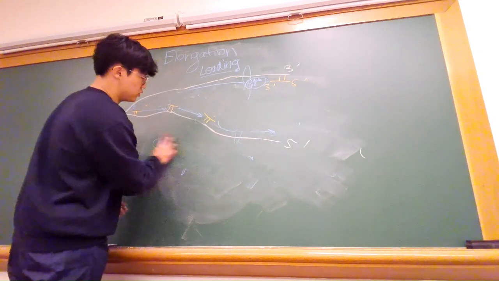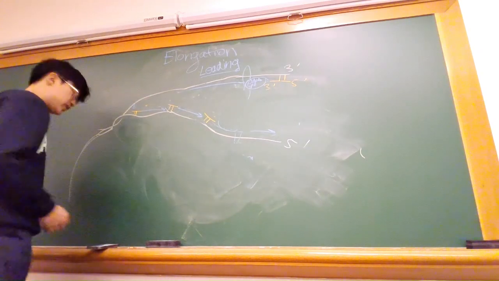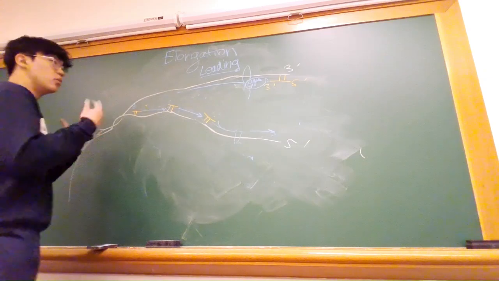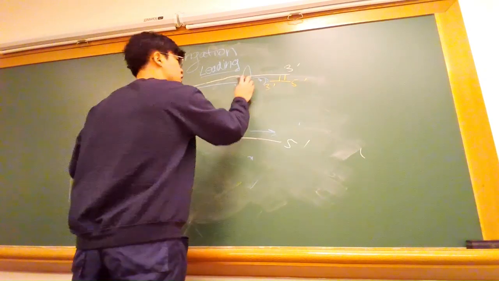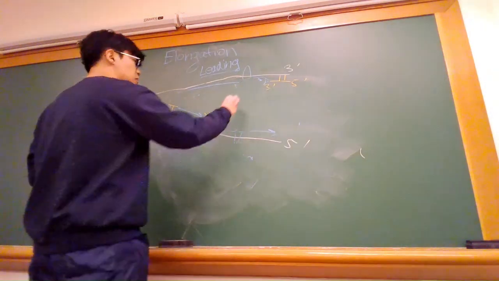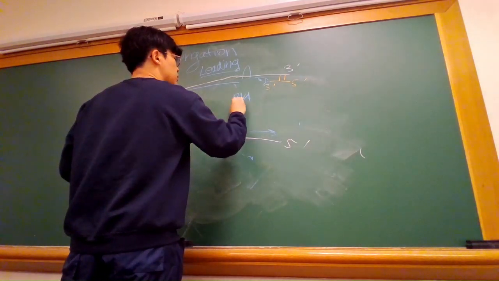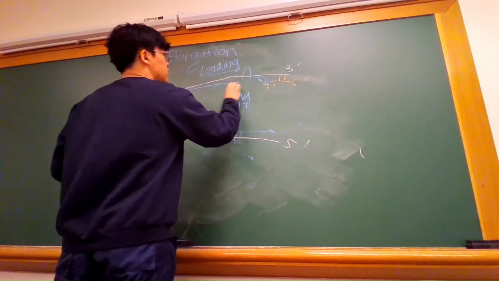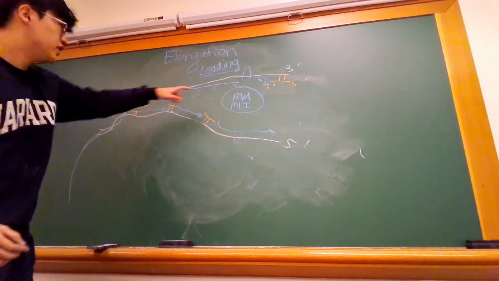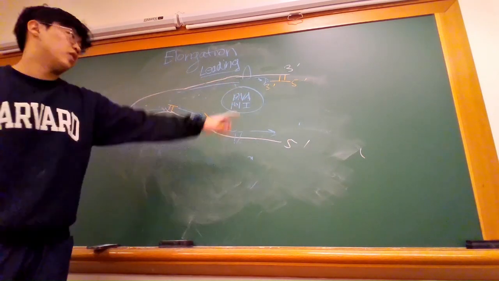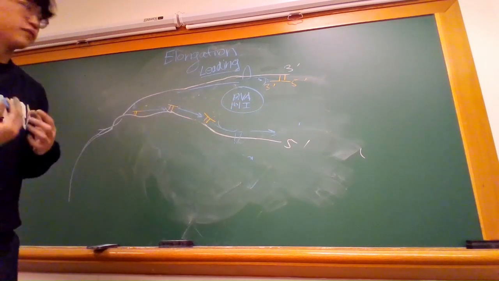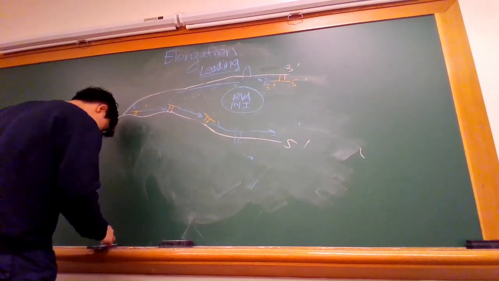Now we need to replace these RNA primers with DNA. So we have another player here by the name of DNA polymerase 1. Before, we had DNA polymerase 3 moving along and making this DNA. Now we have DNA polymerase 1, which is a different kind of DNA polymerase.